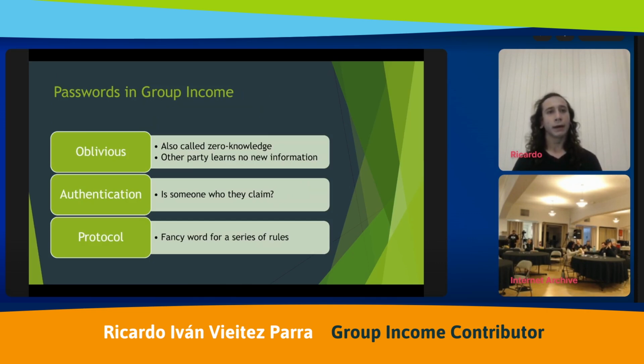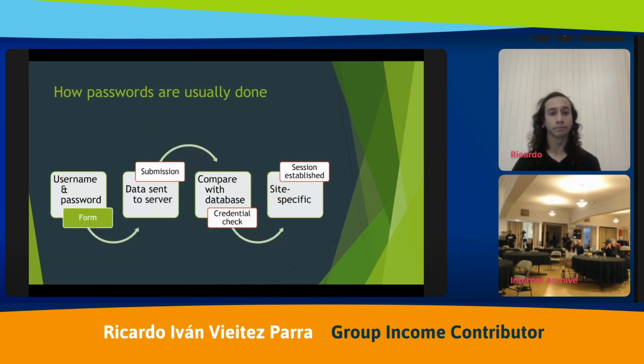So basically, the way that passwords are handled in Group Income is in a way that we use passwords such that no one but ourselves can learn anything about that password, and we're able to do this in order to tie some password, in this case, to some identity.